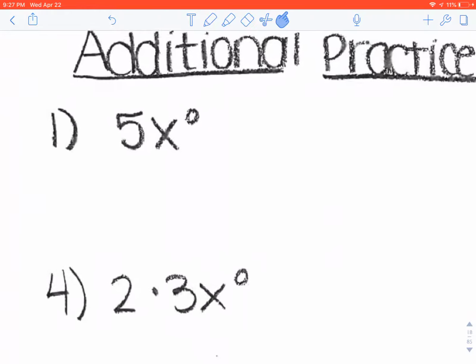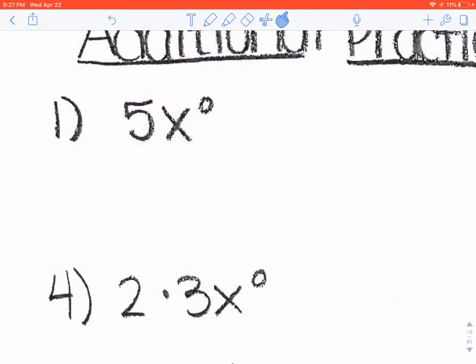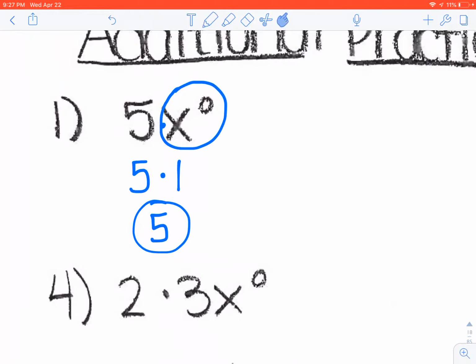Okay, so number 1, 5x to the 0 power. Now remember, there's really an imaginary multiplication symbol here. So this is really telling you it's 5 times x to the 0, which is really 5 times 1, because just this term turns to 1. So your answer for number 1 is 5.